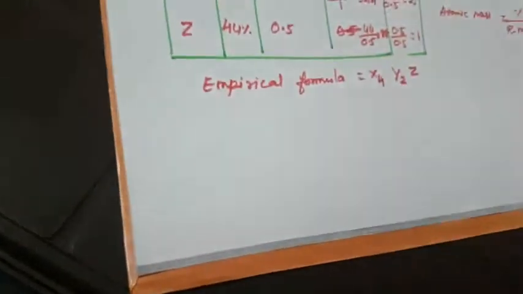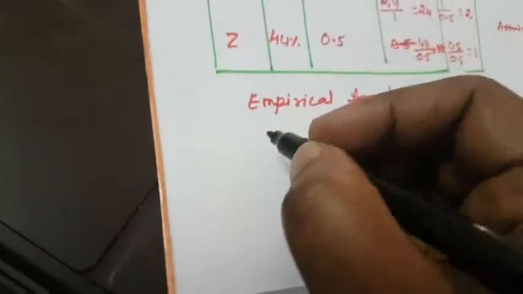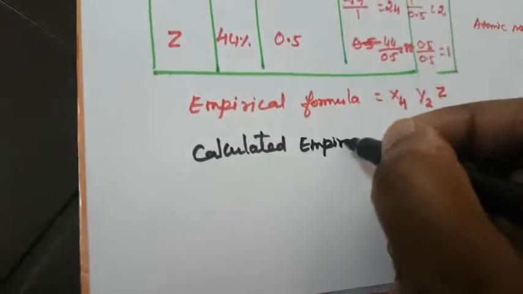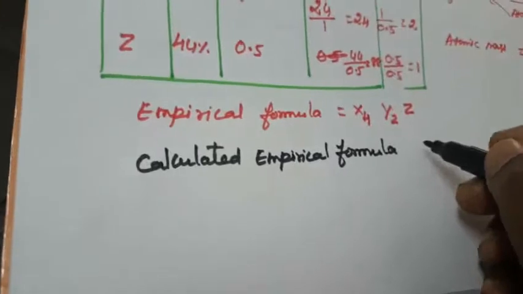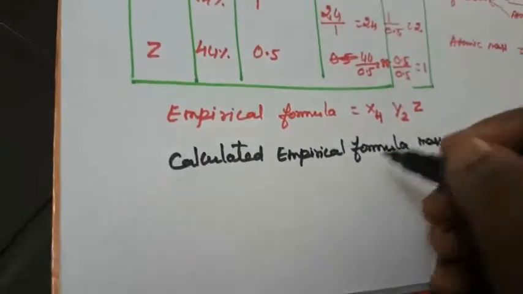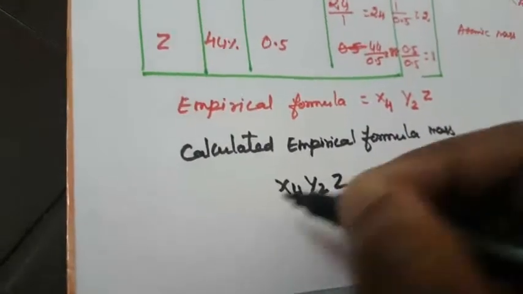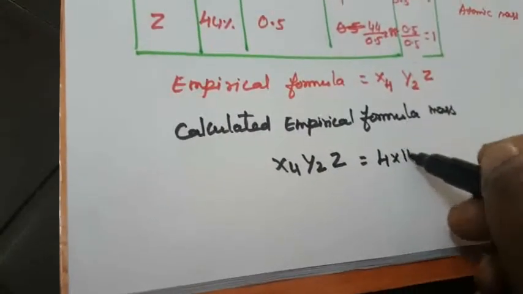Now the next step is to calculate the empirical formula mass. How to calculate it? We have x4, y2 and z. What is the atomic mass of x? It is 16, right? 4 into 16.